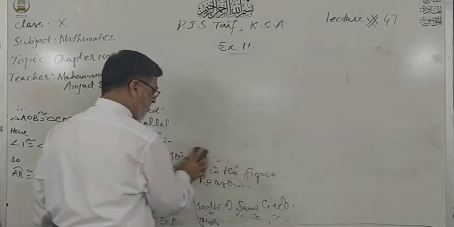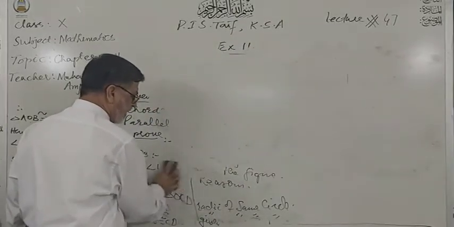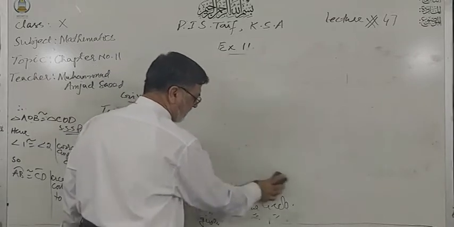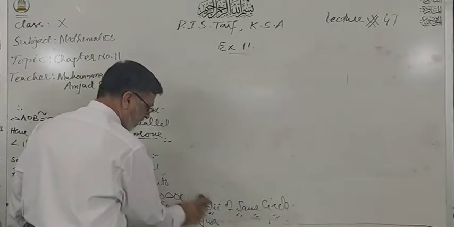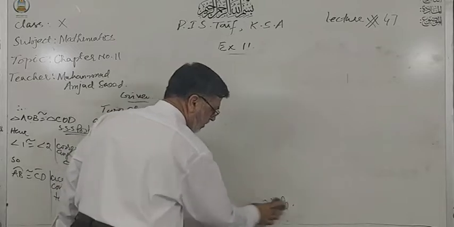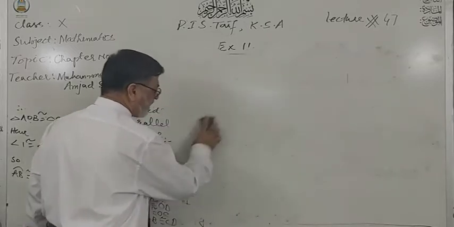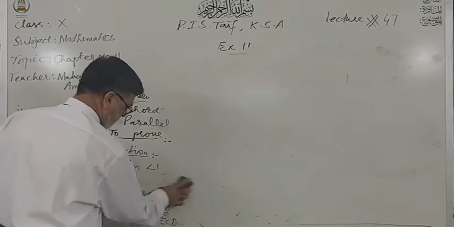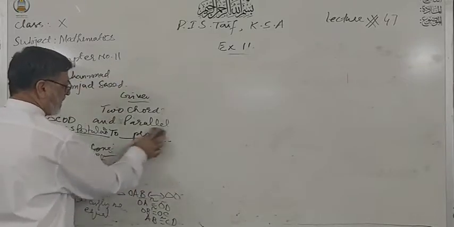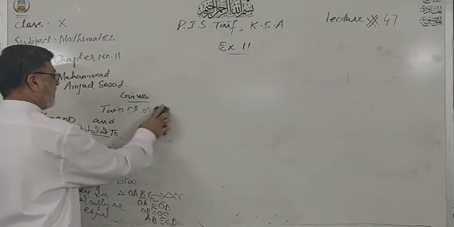Dear students, we have seen this in chapter number 7. 1 radian is equal to 180 over pi degrees, that is 57.3, and approximately this is a 60 degree angle.